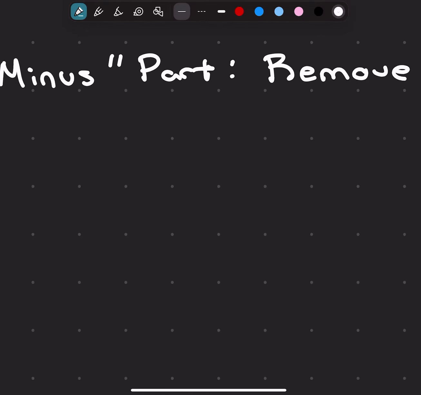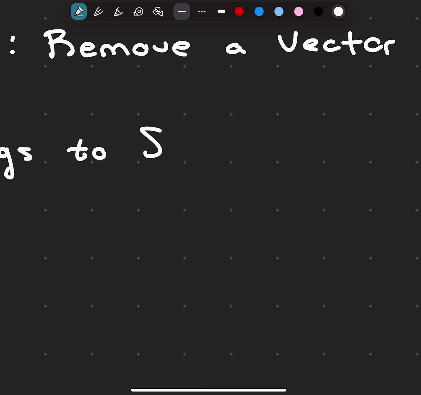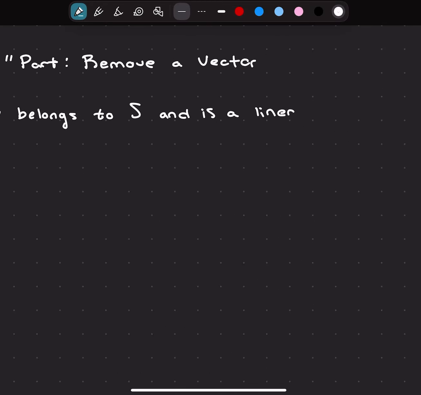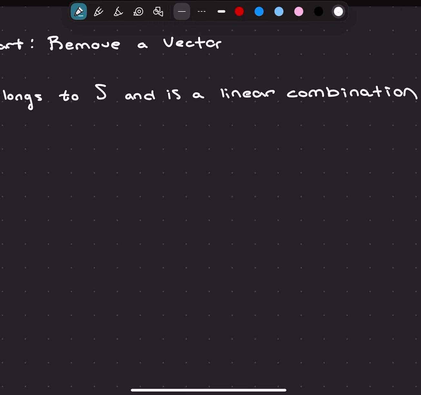Let's say we have a vector v and it belongs to S, and it is a linear combination of the other vectors in S, then removing it does not change the span.